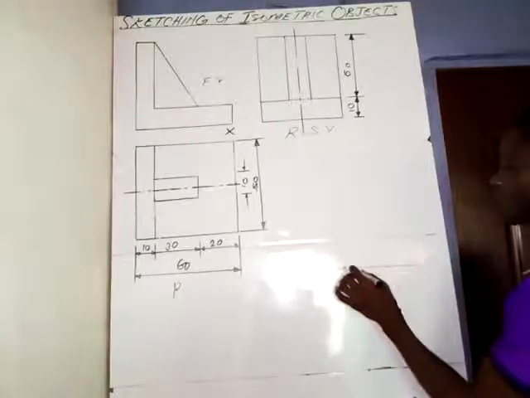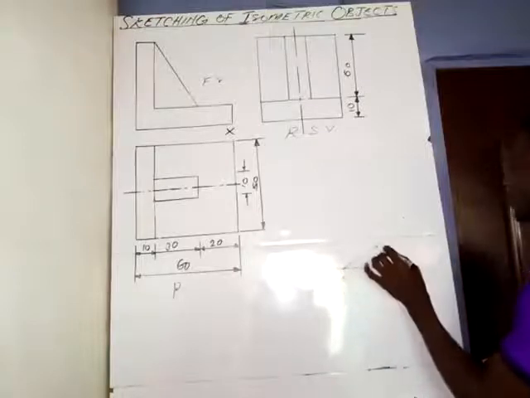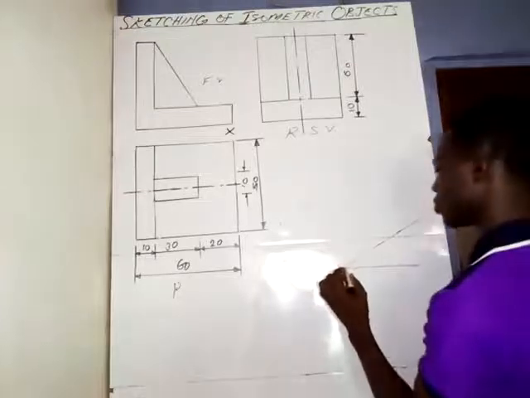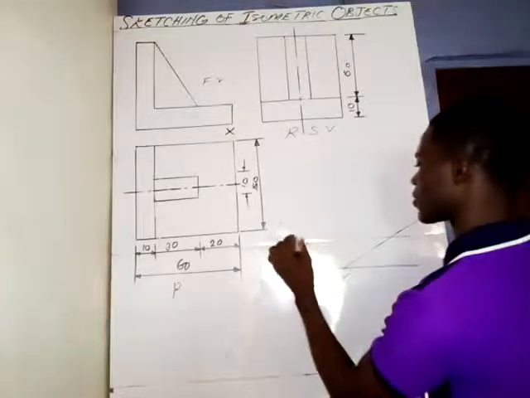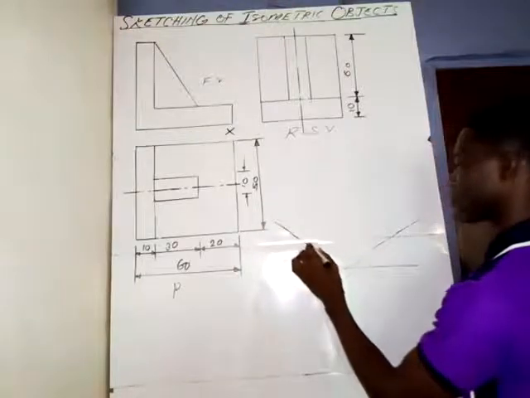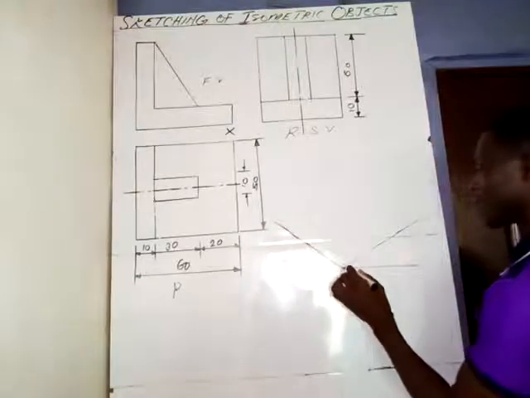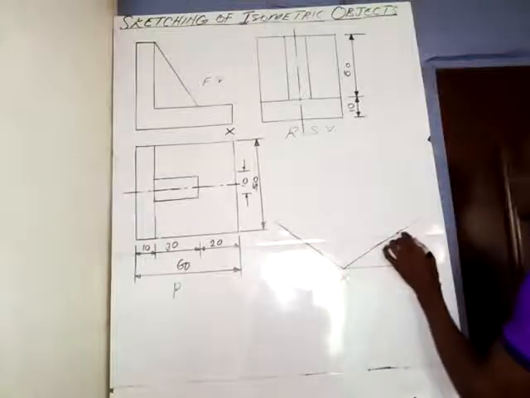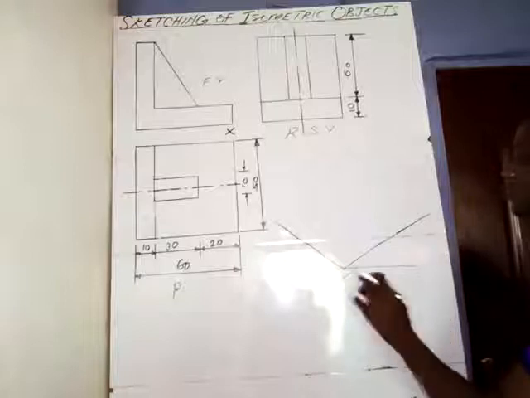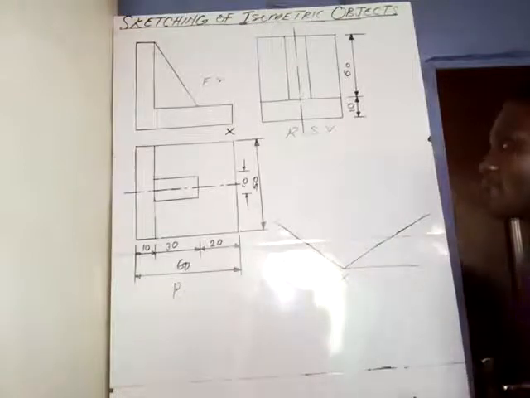Then draw a line like this, so the line goes in this direction. And we also have this in this direction. So they are both inclined at an angle of 30 degrees to this horizontal projection plane.